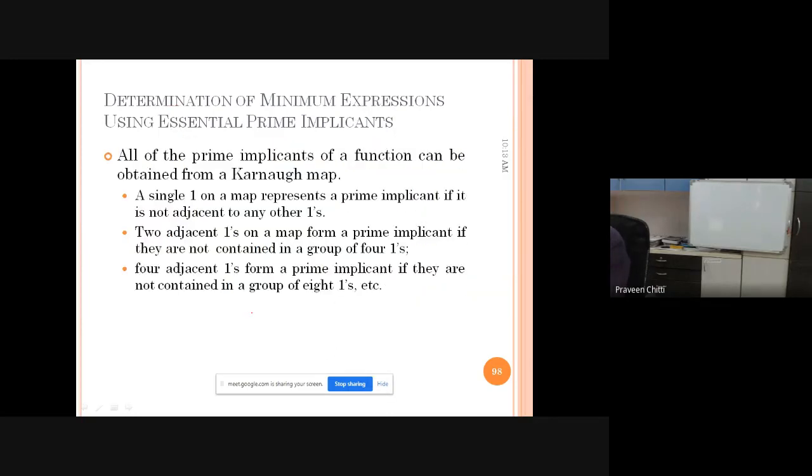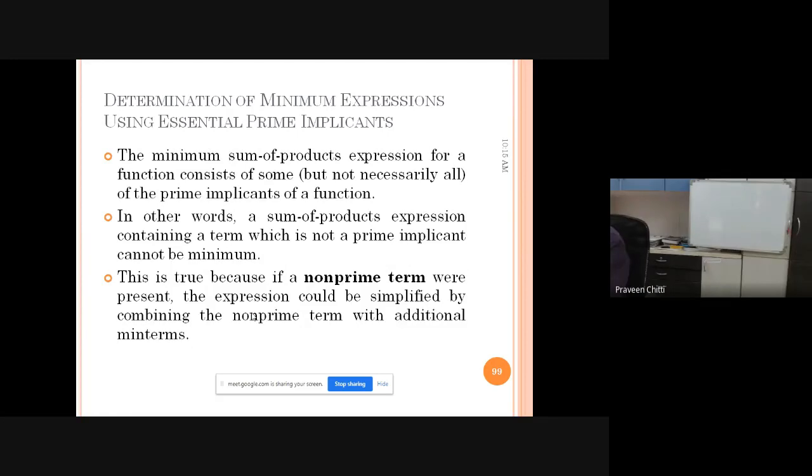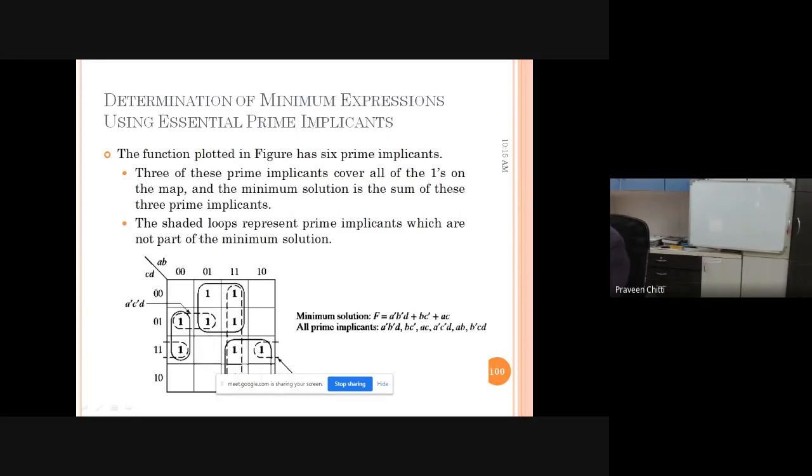I have already told what a prime implicant is, and you can see here the minimum solution you are getting will use the essential prime implicants. These are essential, but actually you can see there are different ones. You can form one group like this, another group, all these different things are there.